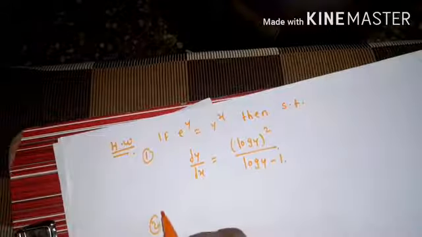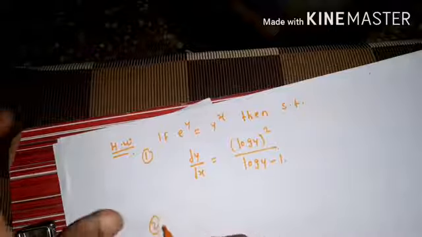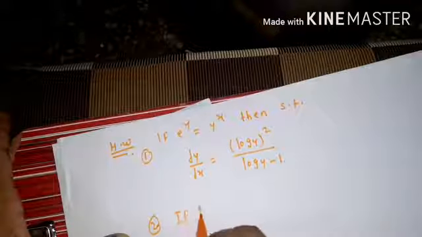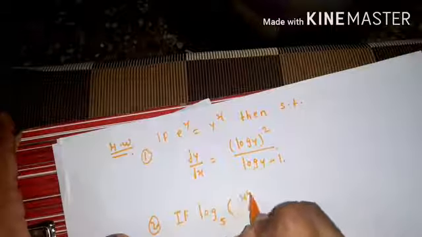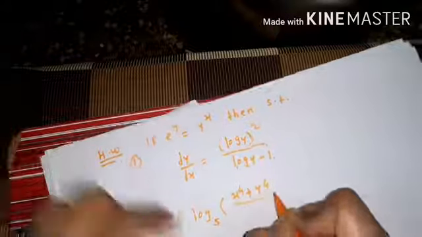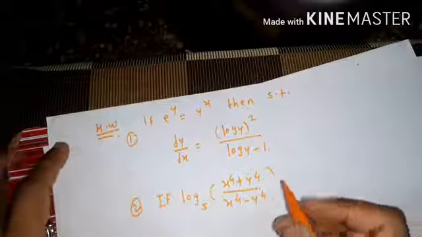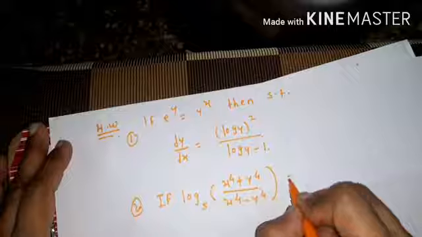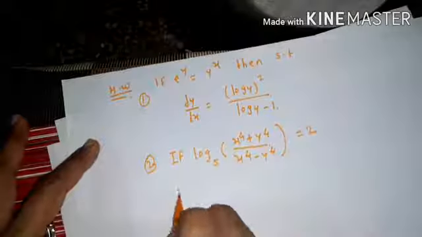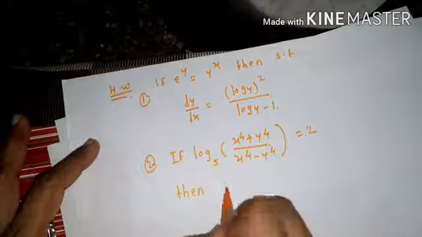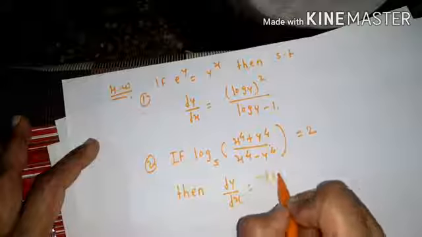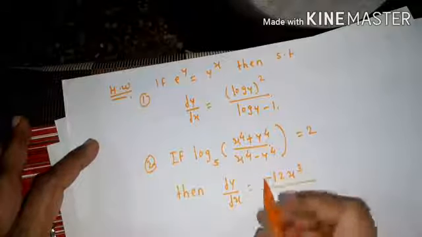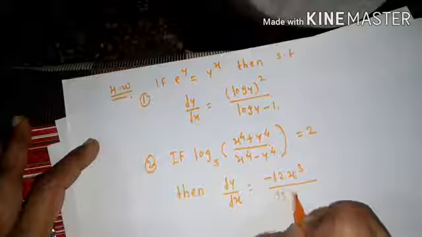Then the next one is, if log to the base 5 of (x raised to 4 plus y raised to 4) upon (x raised to 4 minus y raised to 4) equal to 2, then show that dy by dx equal to minus 12 x raised to 3 upon 13 y raised to 3.